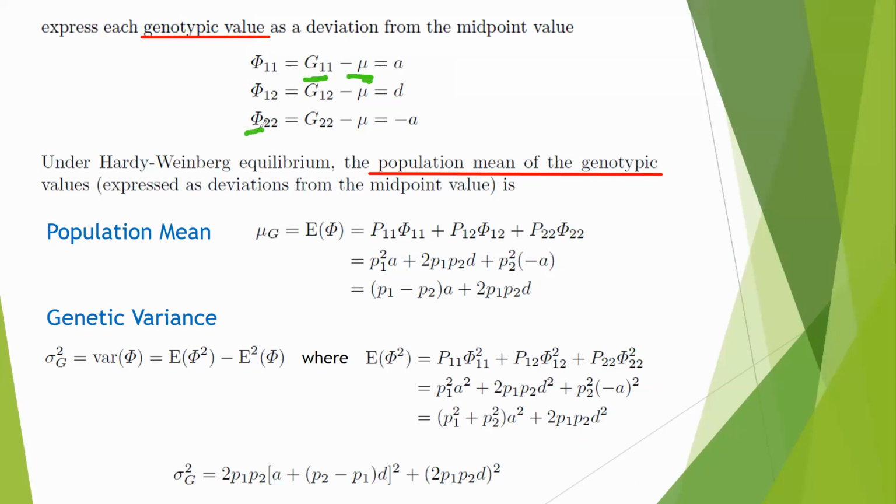The same thing: if we want to calculate the genotypic value for A2A2, this is equal to the difference between the phenotypic value of A2A2 and the midpoint. The same, right? The genotypic value for the heterozygous individual will be the difference between the phenotypic value of this A1A2 and the midpoint. If you have learned the normalization term in statistics, this is the same. So actually, the genotypic value is the normalized phenotypic value around the midpoint.